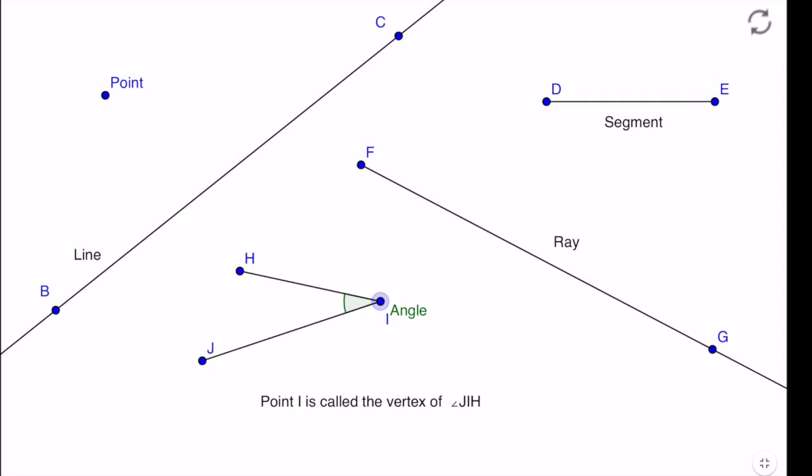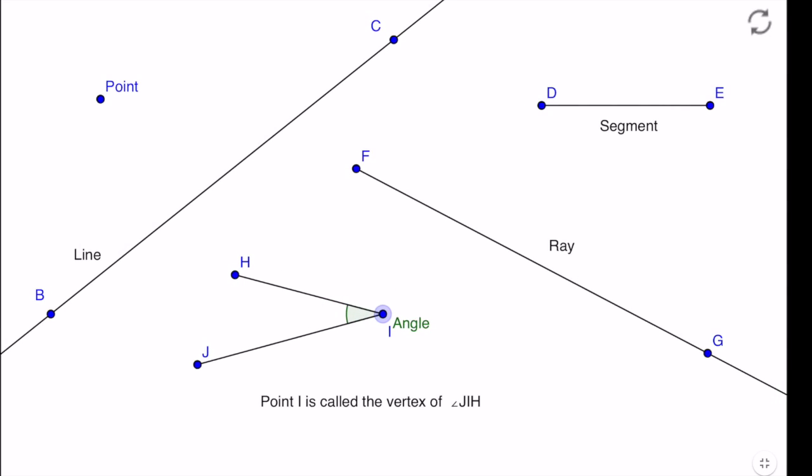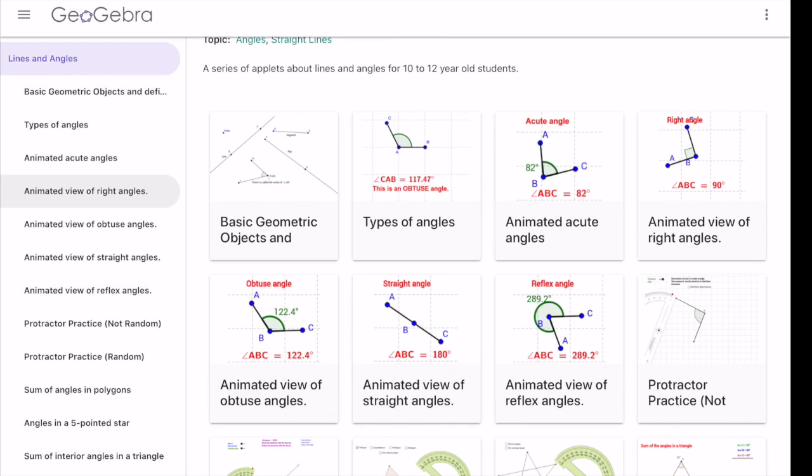A vertex, and that's what you have shown here. And that vertex point I creates an angle between the line HI and JI, and that angle, it says right there, angle is formed. So that's what we've been talking about, moving on from what a vertex would be.